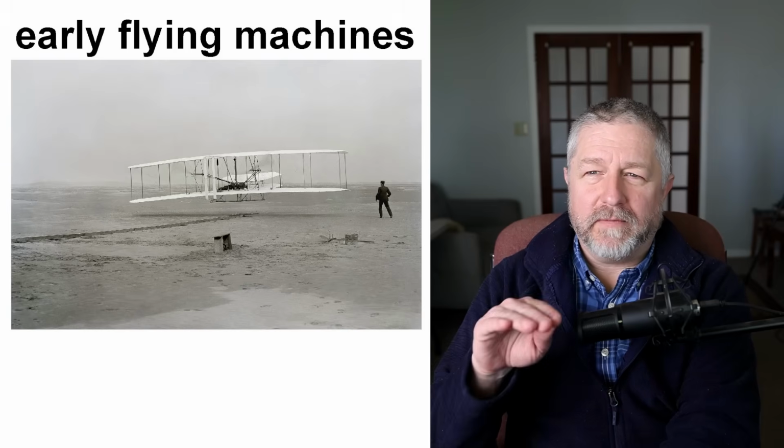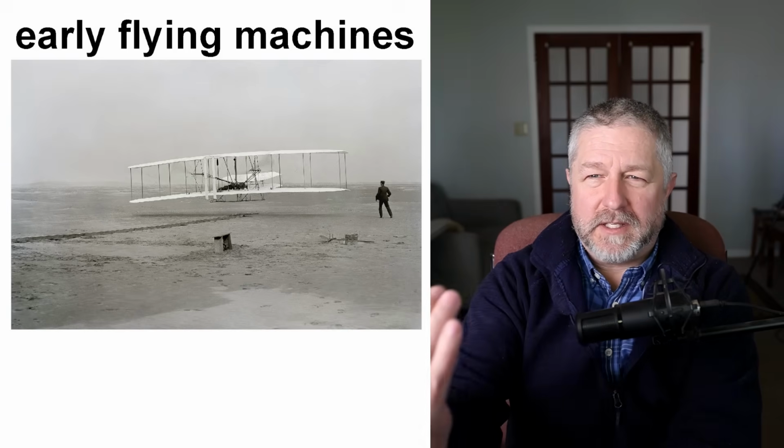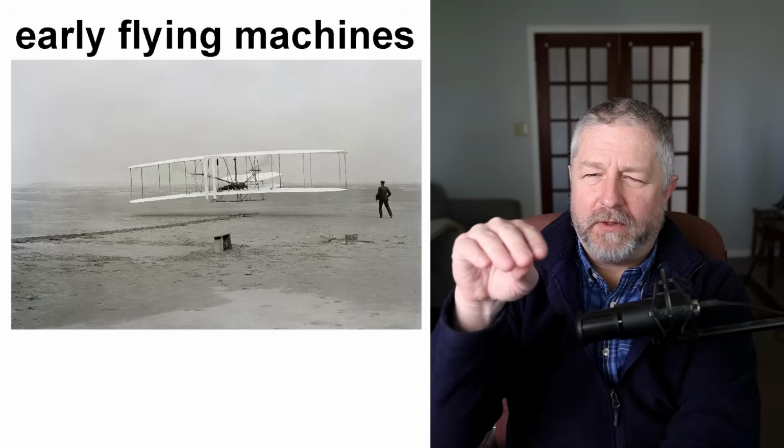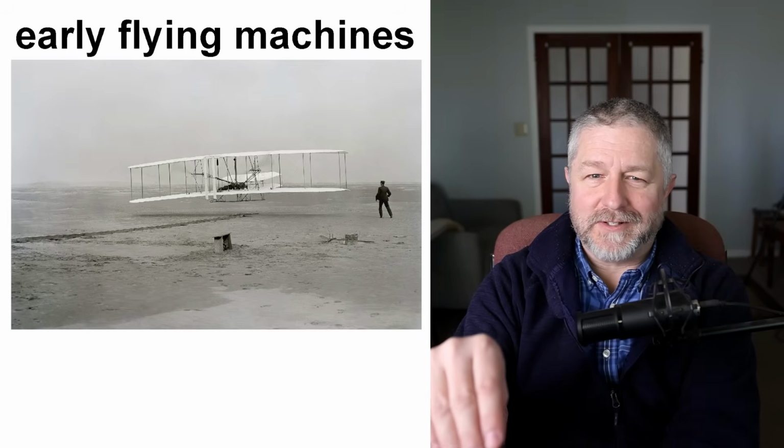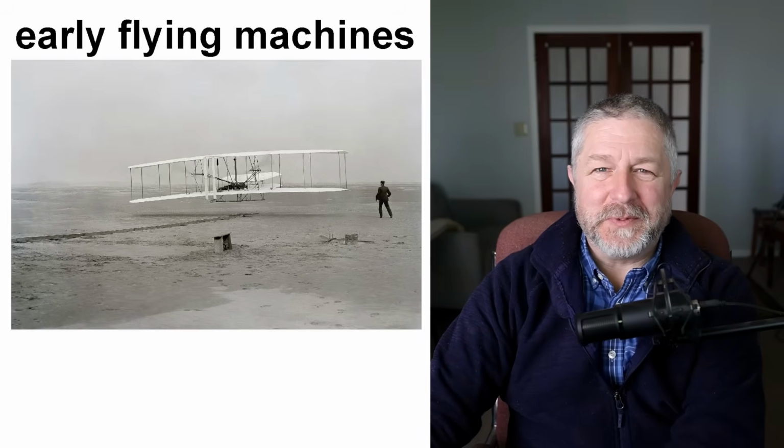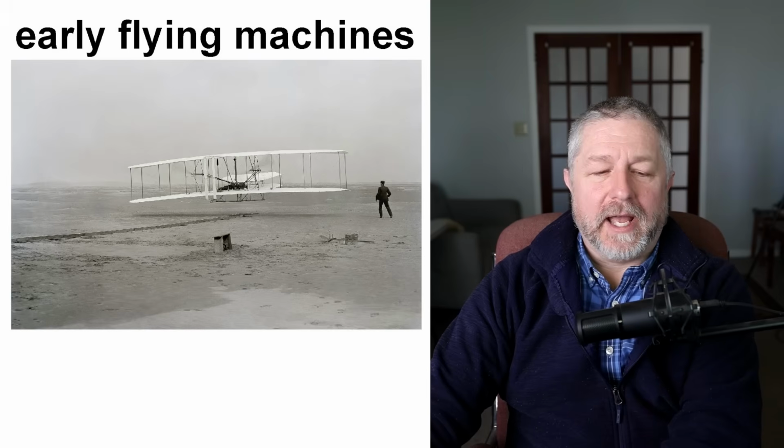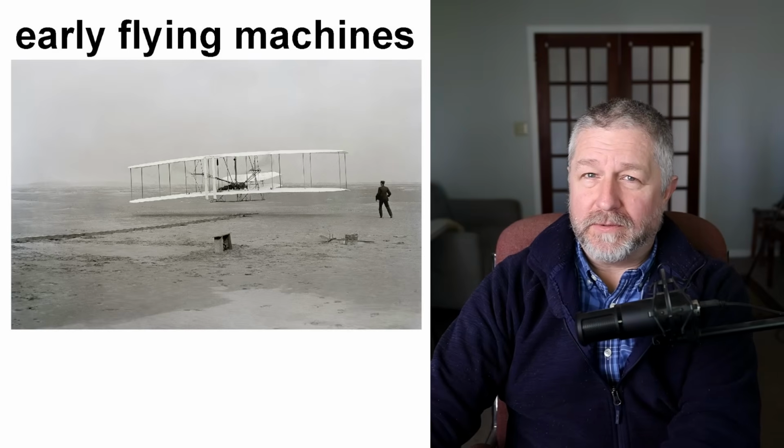I often wonder if they flew along the beach because they could use the wind to help them, or so that if they crashed in the sand, it was soft. I don't always know the full details. But if you look at pictures, you'll see early hot air balloons, early flying machines, some that didn't work. If you do some research, it's pretty fun to do.